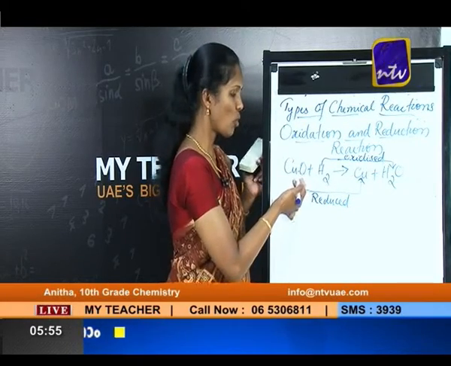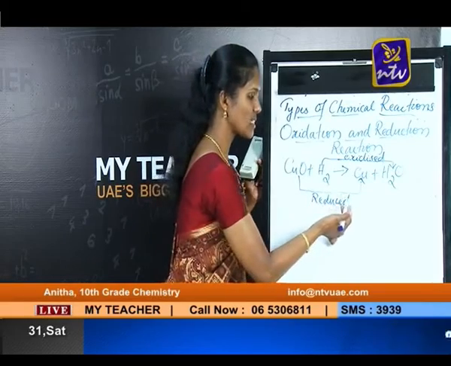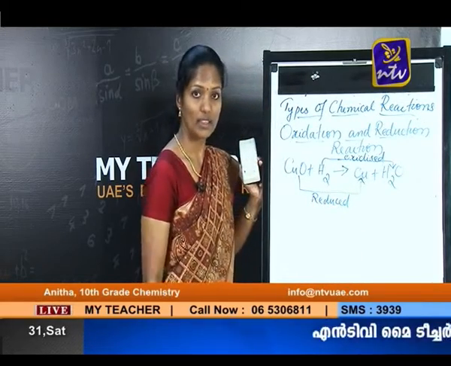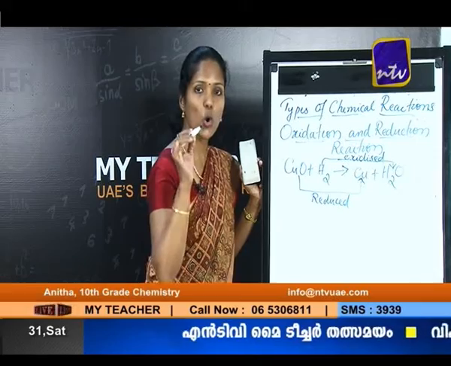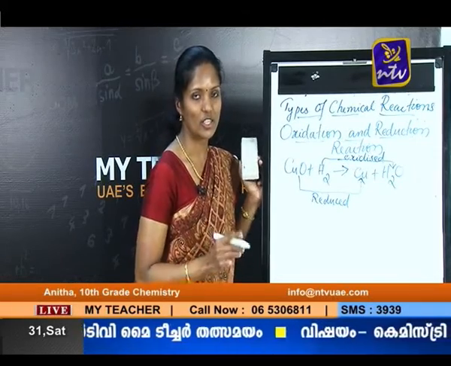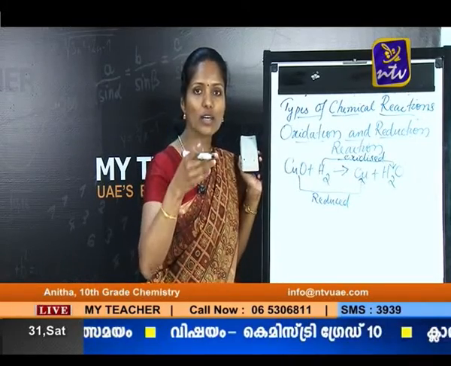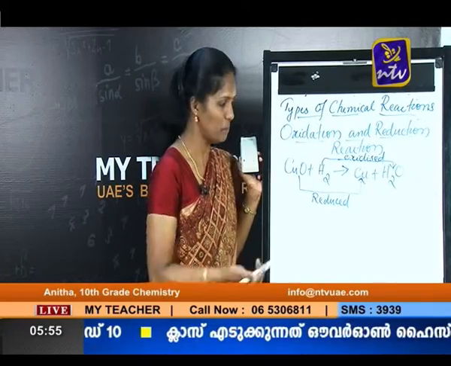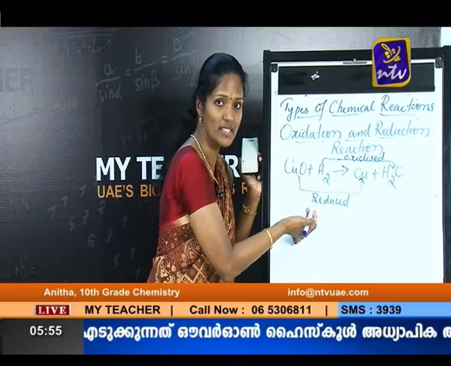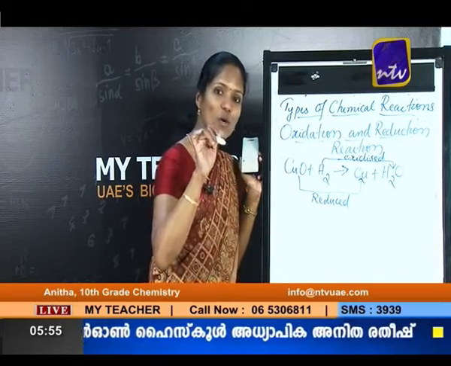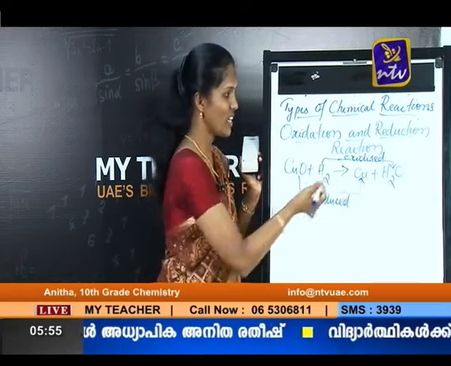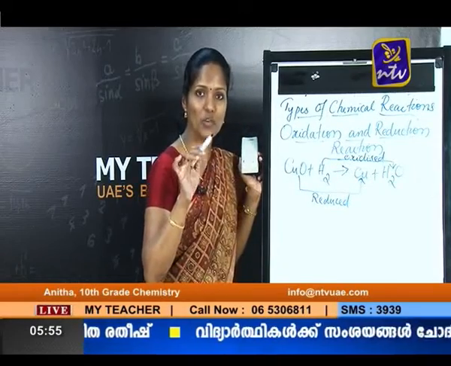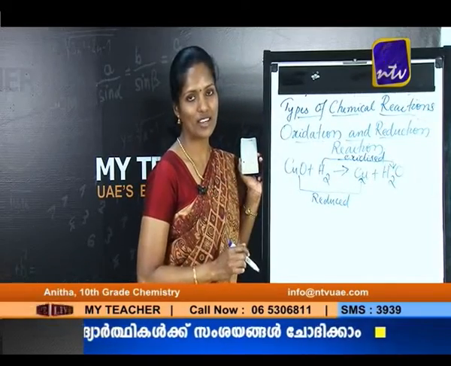Okay, the substance which is getting reduced is called an oxidizing agent. When we use the term agent, we use the opposite name. Reduction is taking place, so we call it an oxidizing agent. If oxidation is taking place, we call it a reducing agent.